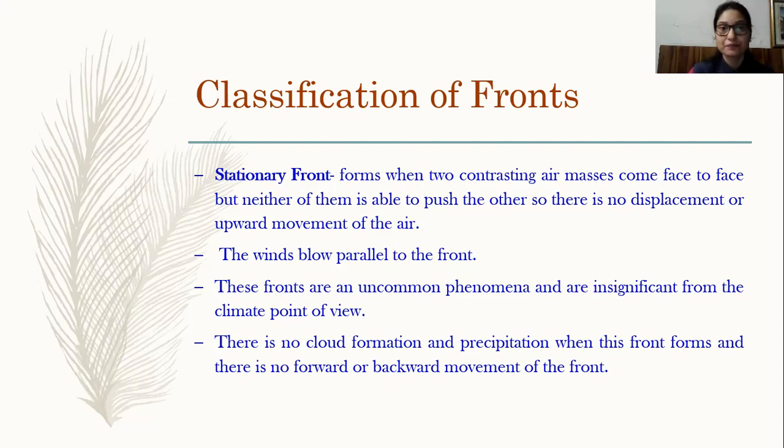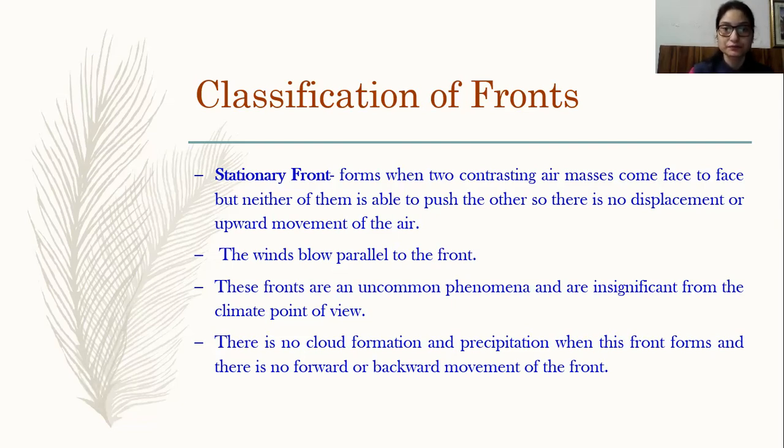So that is why in the stationary front, we can see that no major climatic conditions or weather phenomena are taking place, because there is no displacement, there is no movement, there is a normal flow of air. The winds are blowing parallel to the front. So cloud formation, condensation, heavy downpour, precipitation, all of that is not happening.